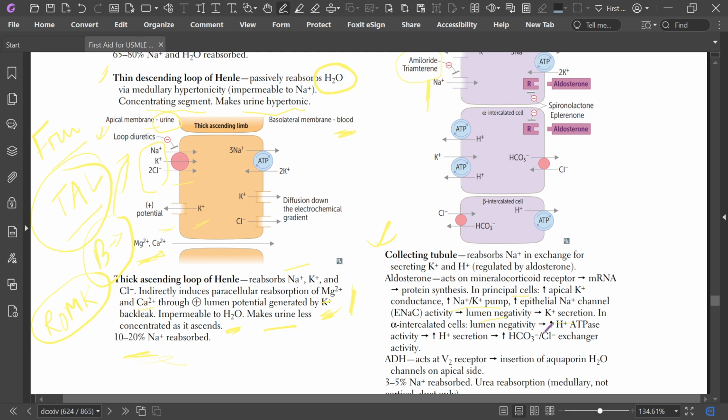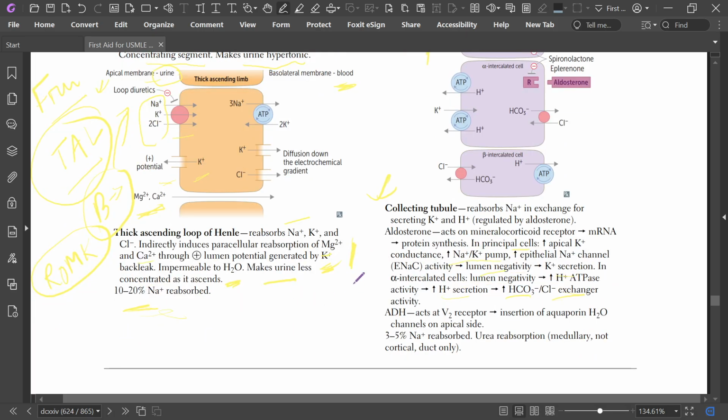In the alpha intercalated cell, there is increased hydrogen potassium ATPase activity, so there is hydrogen secretion, and increased bicarbonate and chloride exchanger activity. And here the V2 receptor of the ADH works via insertion of aquaporin or water channels on the apical side.